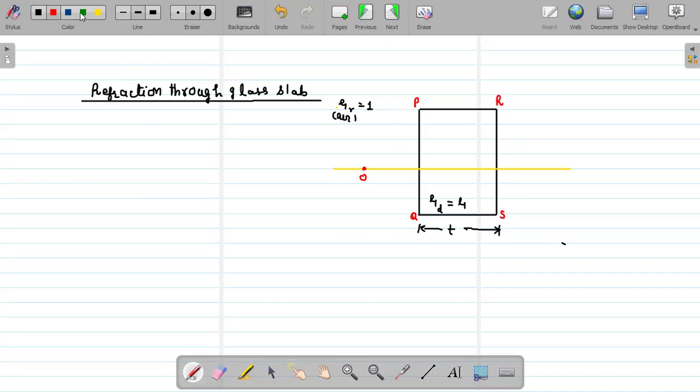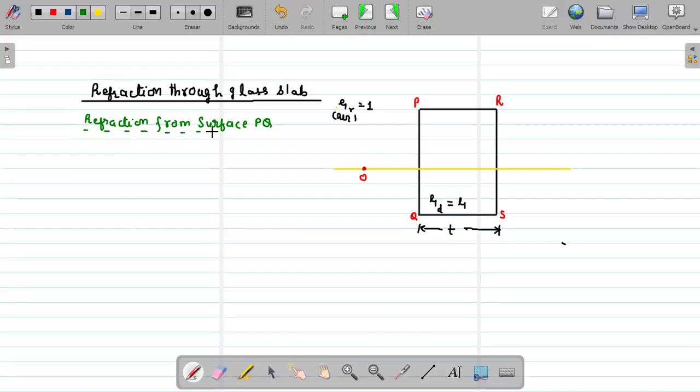Now let's first take refraction from surface PQ.